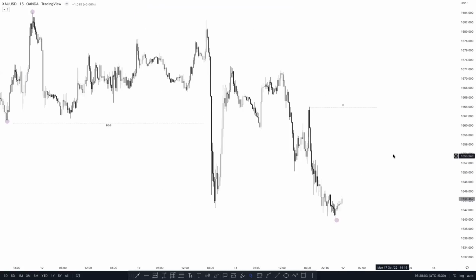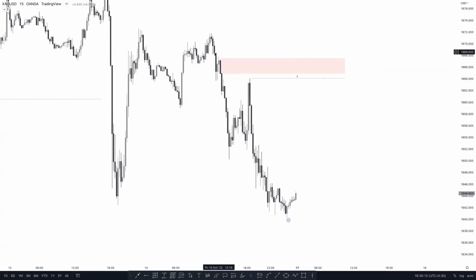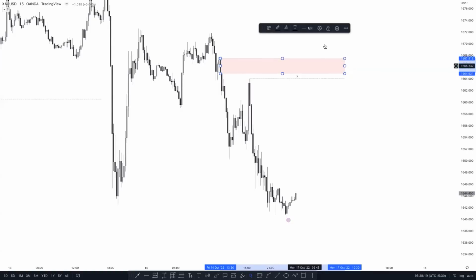If I zoom in on this part, we can see more clearly. After taking out the inducement, where is our order block? This one is here, correct? This order block is not as important as this inducement.